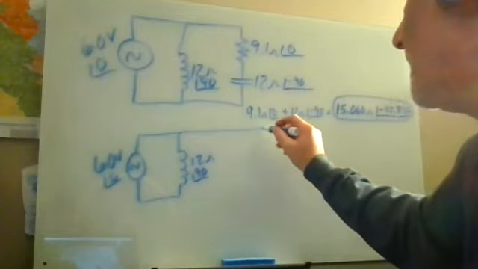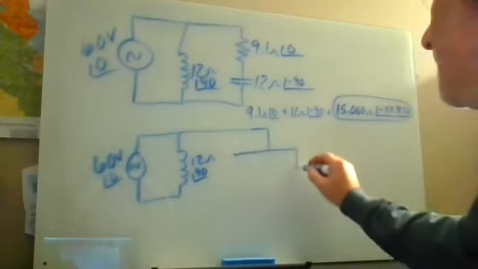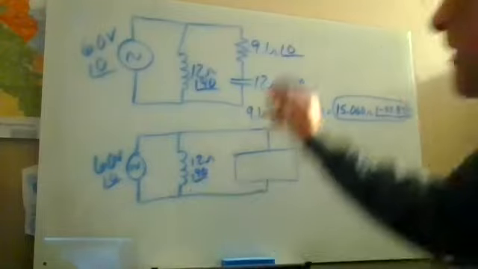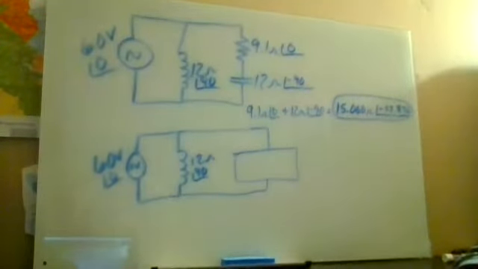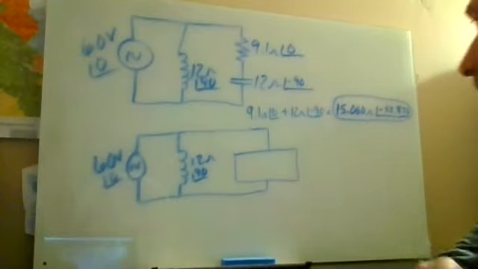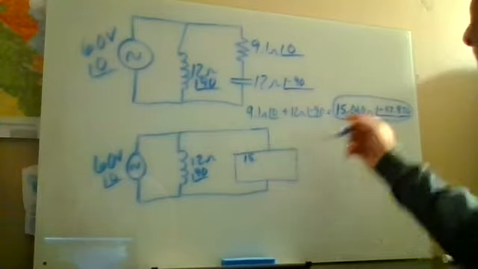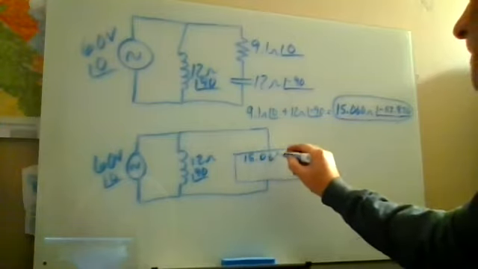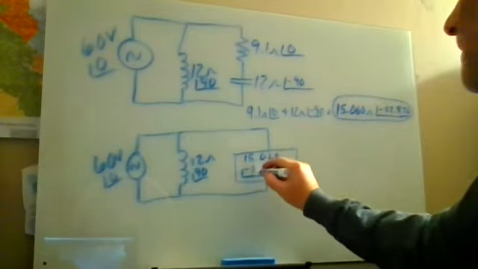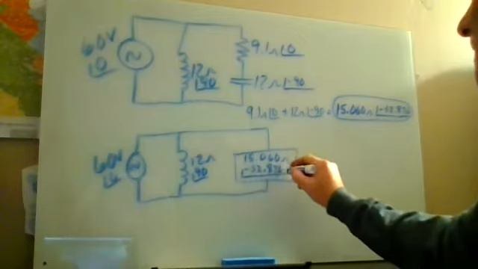But unlike DC circuits, instead of throwing in a resistor, I'm going to put these in a box, because I have more than one type of component. I can't just make it a resistor or a capacitor. So I'm going to put it in a box, and then put my answer for my Z total in there, 15.060 ohms at an angle of negative 52.826.